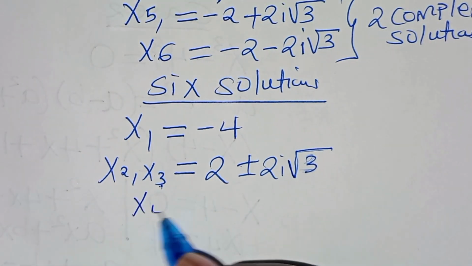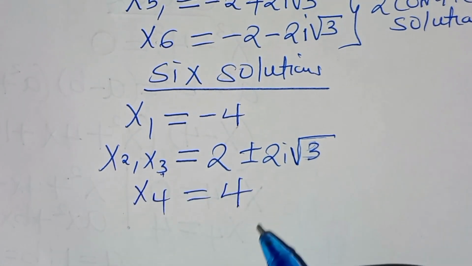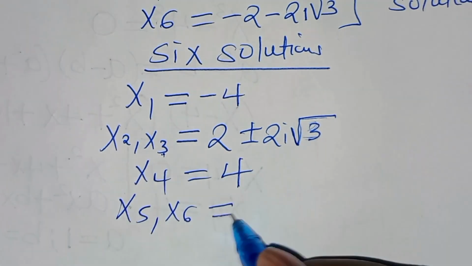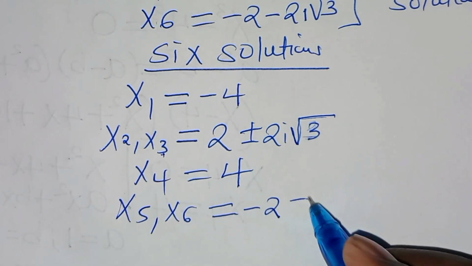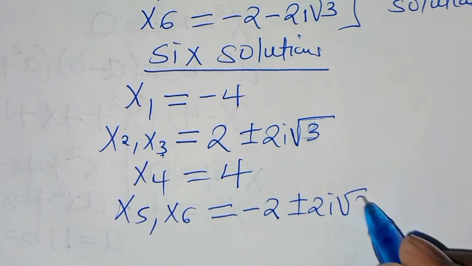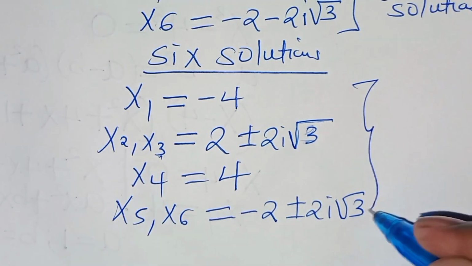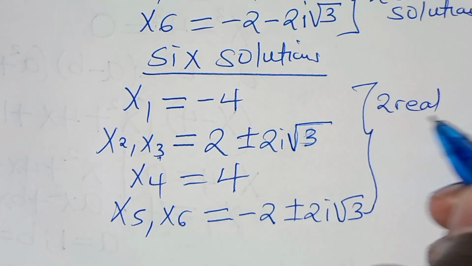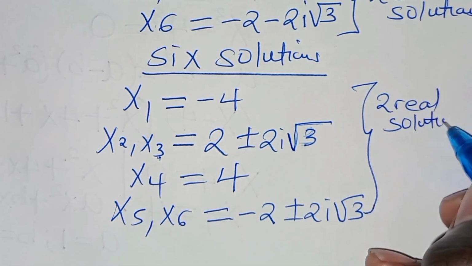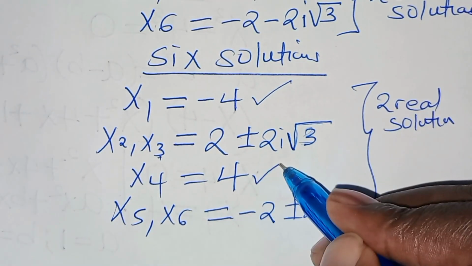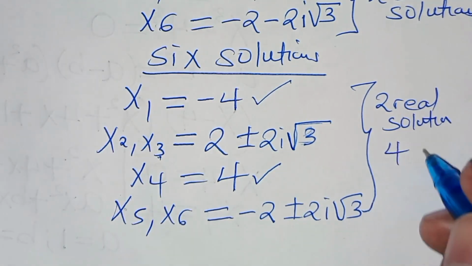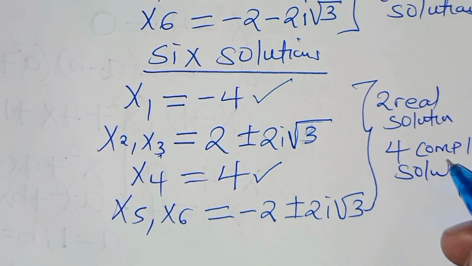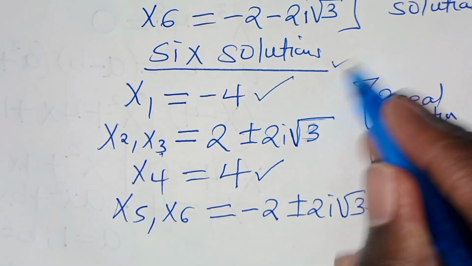And we have that x4 is equal to 4. x5, x6, this is equal to minus 2 plus or minus 2i square root of 3. So essentially, we have 6 solutions. We have 2 real solutions, that is negative 4 and 4, and 4 complex solutions to this problem.